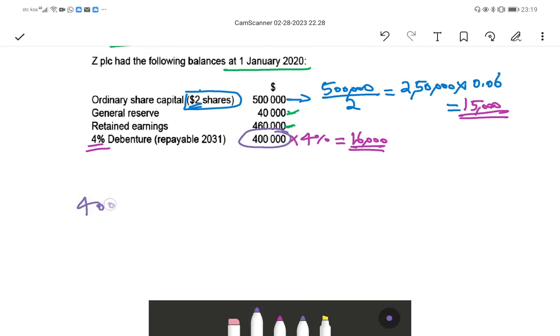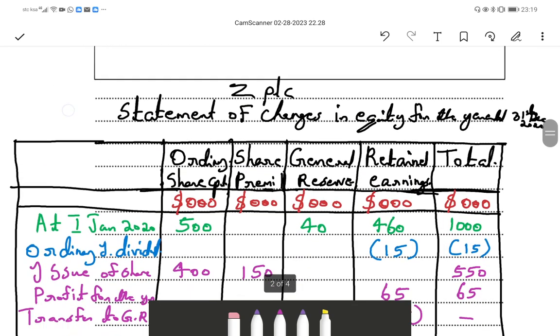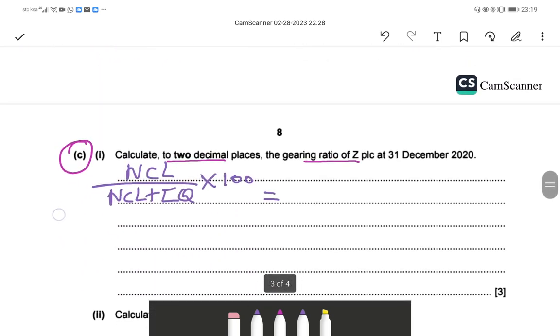So 400,000 plus 250,000 is 650,000. Non-current liability is 650,000.